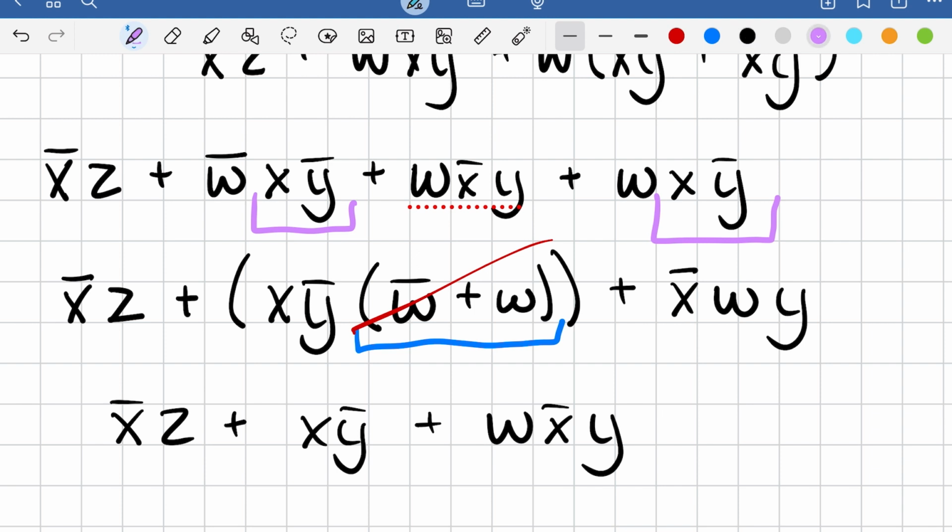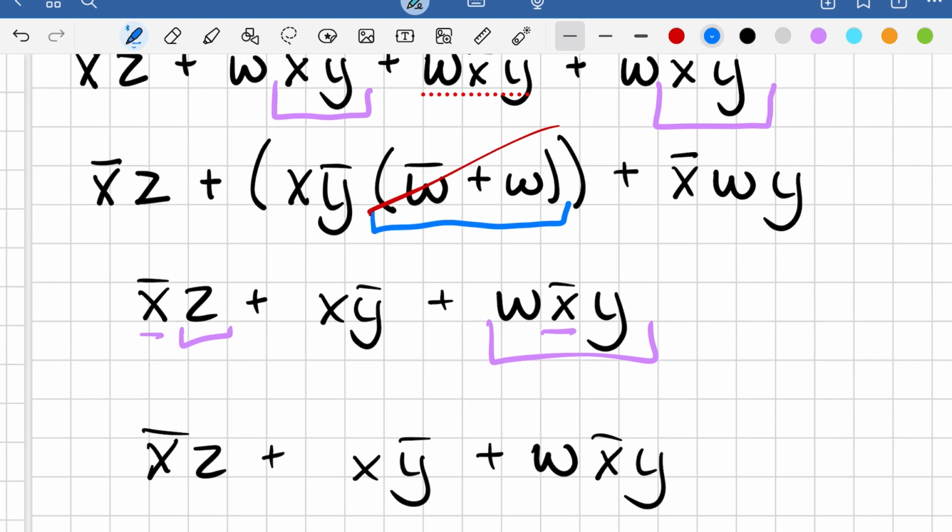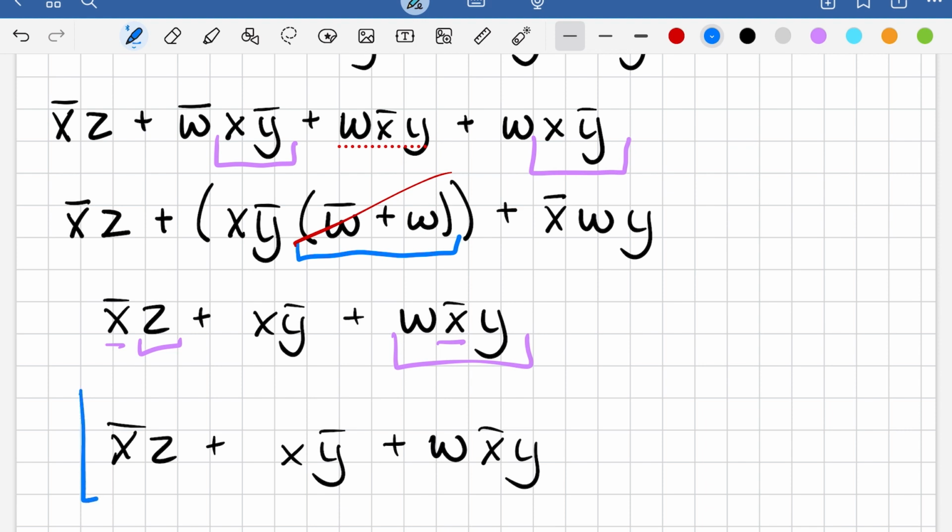So we do see here that these two do share an x prime, but if we were to pull that out, we wouldn't get anything out of it because they don't share. This z isn't included in this one at all. So our final answer is just x prime and z, or x and y prime, or w x prime y. And that is our final answer.